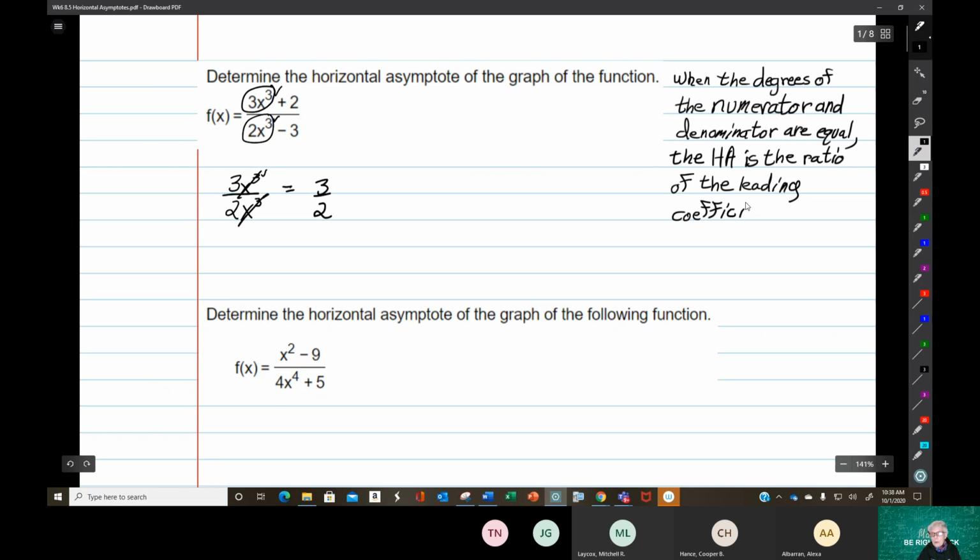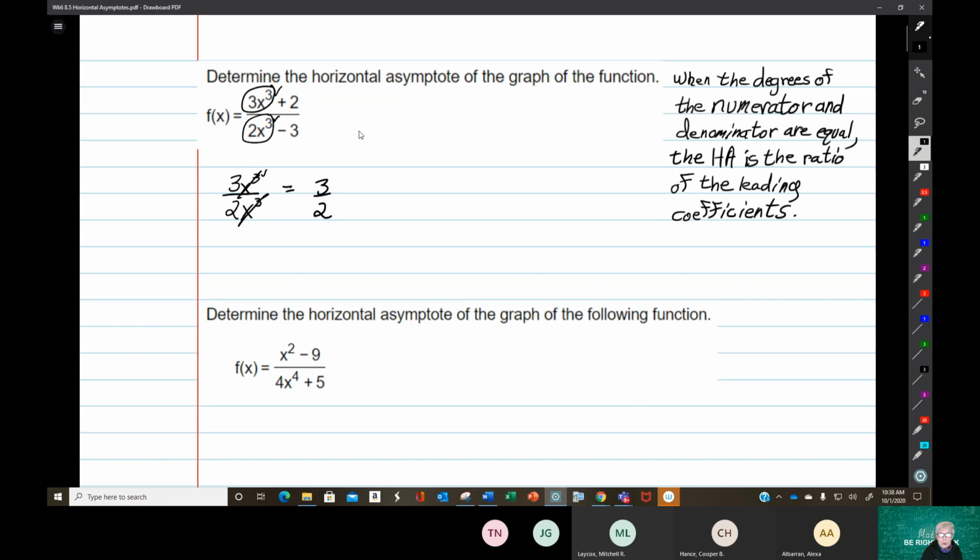Okay, when the degrees of the numerator and denominator are equal, the horizontal asymptote is the ratio of the leading coefficients.